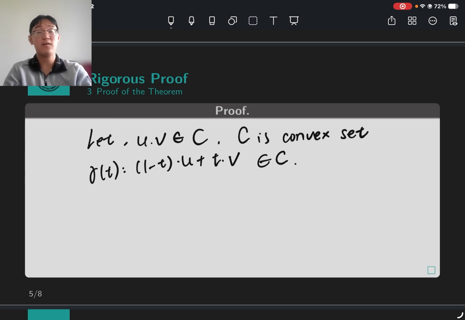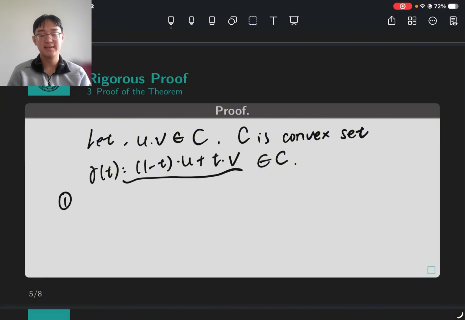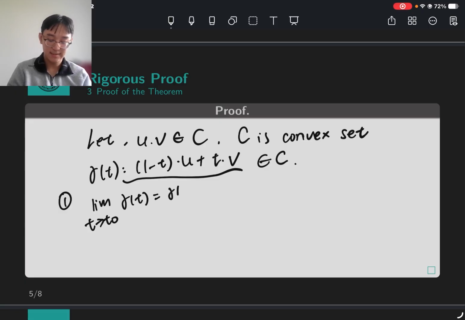Now let's check all three requirements of path connected. Firstly, we need to make sure that the function, which is also the segment, is continuous. So we need to prove that gamma t is continuous. We just need to prove that the limit as t goes to t0 of gamma t equals gamma t0. By the way, because this is a polynomial, it is definitely continuous, but we need to prove it here.